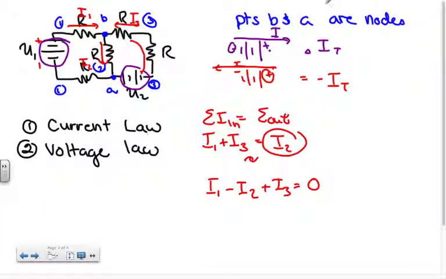Now, in the same situation here, I dictated that this is a positive current and a negative current. This is going to be the same here. This will be a positive potential difference, and over here on this side will be the negative potential difference going back.